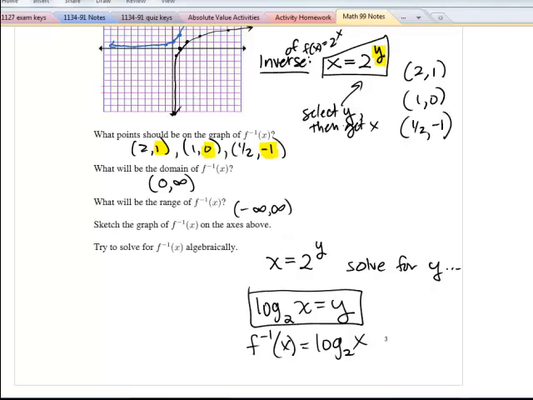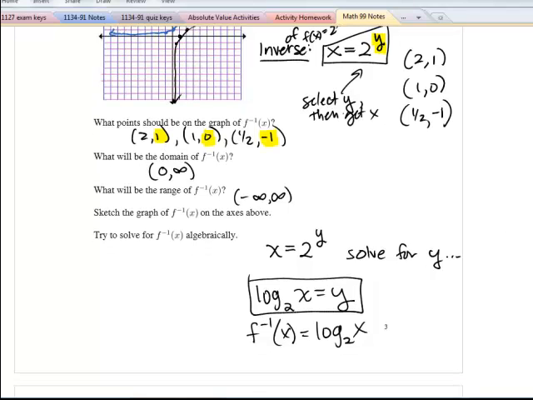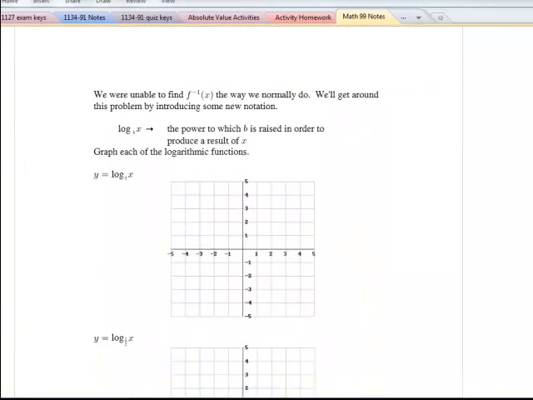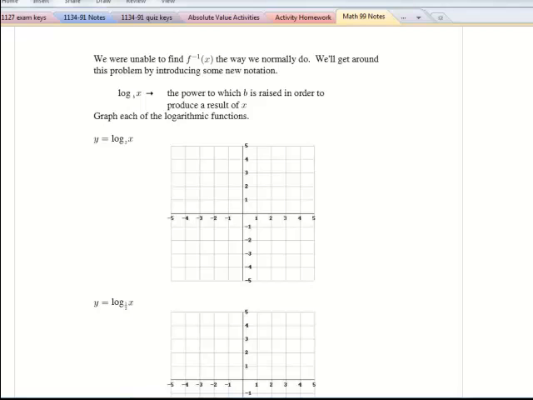The logarithmic function with base 2 is the inverse of the exponential function with base 2, right? Just like we talked about in the previous sections when we introduced the logarithm, to find the inverse we need to use that logarithmic function.